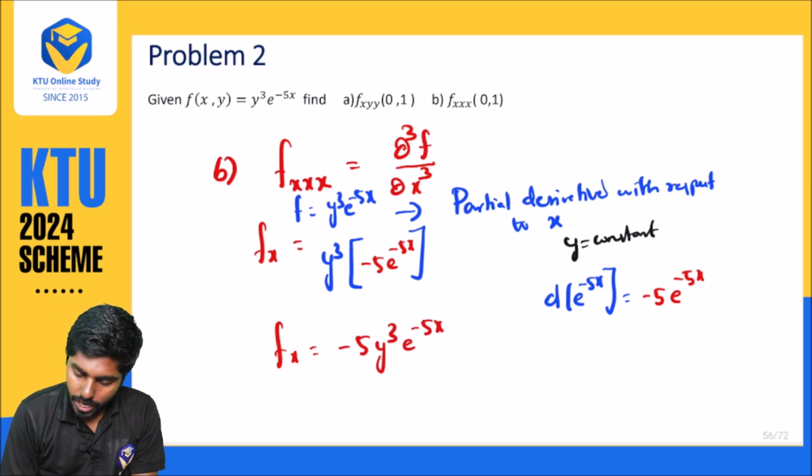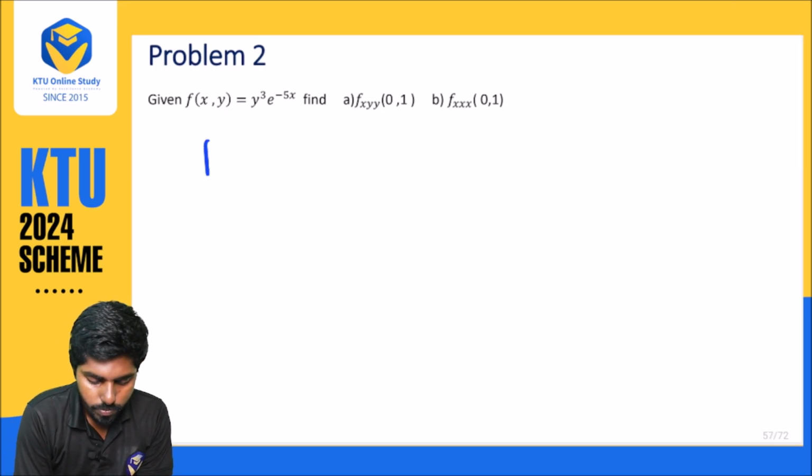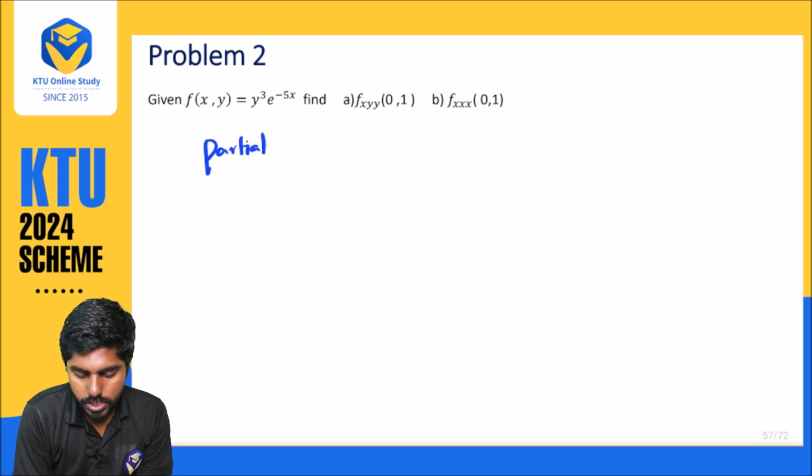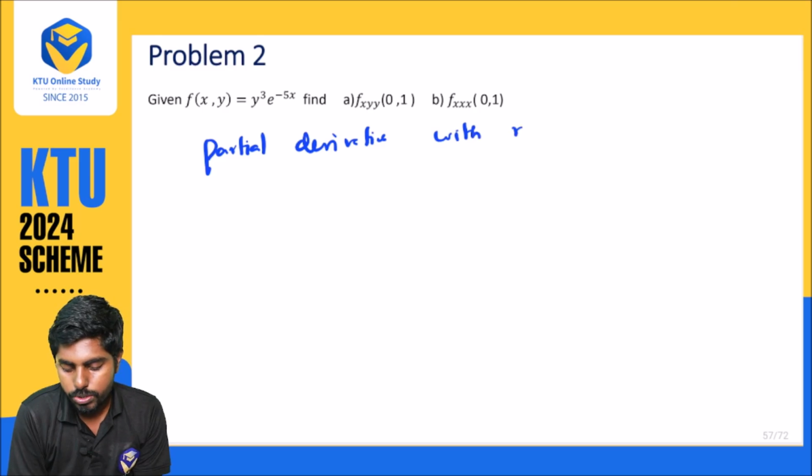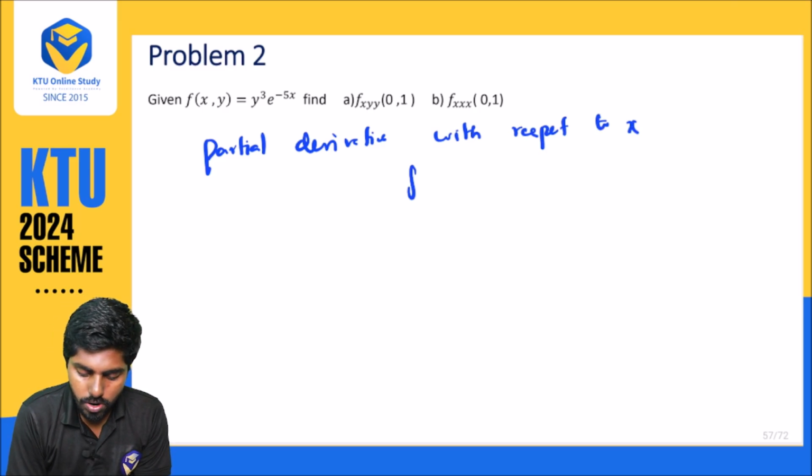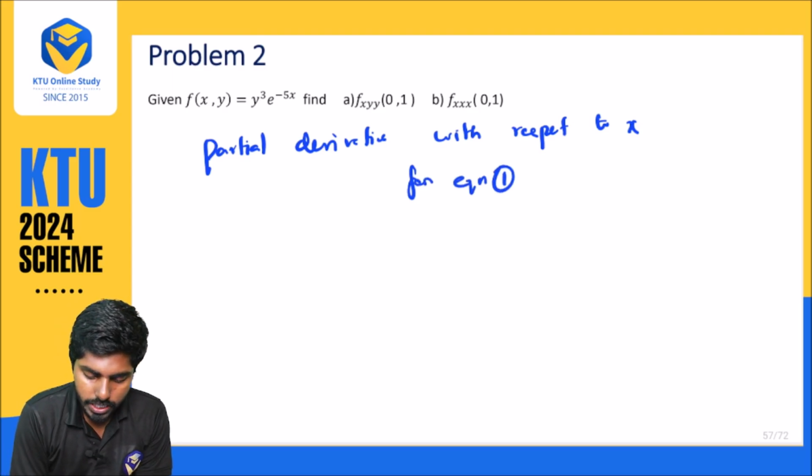Now again we want to take the partial derivative with respect to x of equation 1. That is nothing but f_xx. What is f_x?